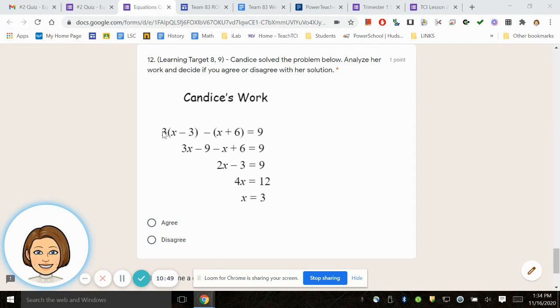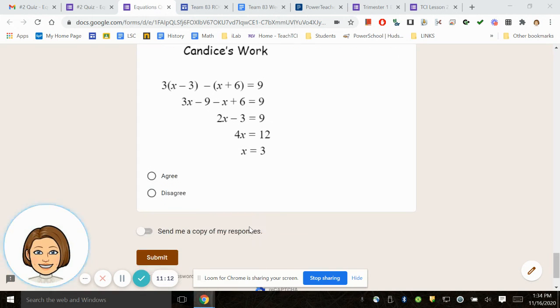So I see two sets of distributive property. Again, what number is in front of this parentheses? Her answer is 3x minus 9 minus x plus 6 equals 9. When she combined like terms, she got 2x minus 3 equals 9. And then when she solved the two-step equation, she got 4x equals 12 to give her x equals 3. Do you agree or disagree with her solution?